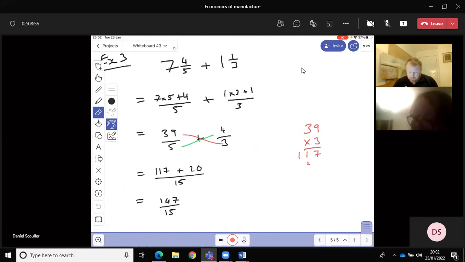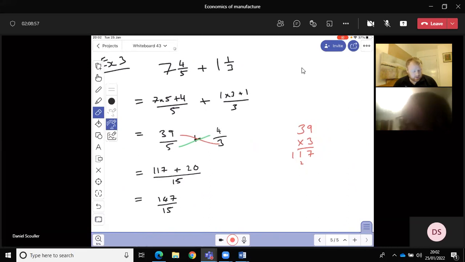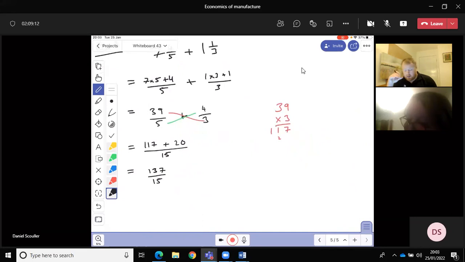Okay, so again, 147 divided by 15. Oh, sorry. My God, I can't add up. 137 divided by 15. What I'm looking at there, both of them don't divide by 10, both of them don't divide by 5, and 3 doesn't go into 137.